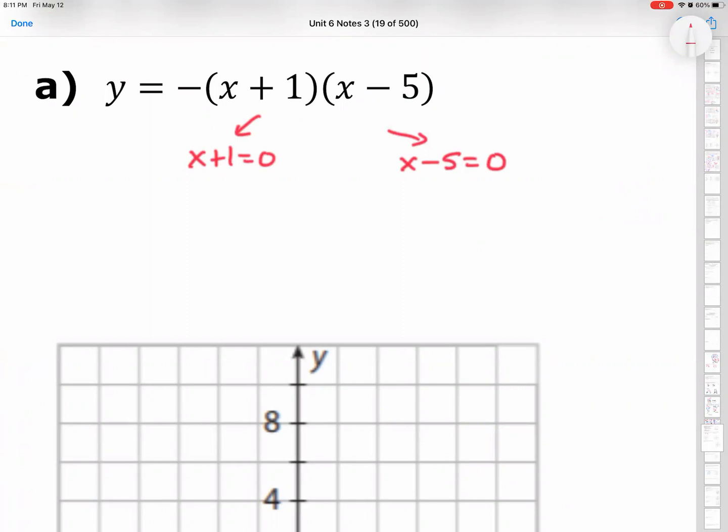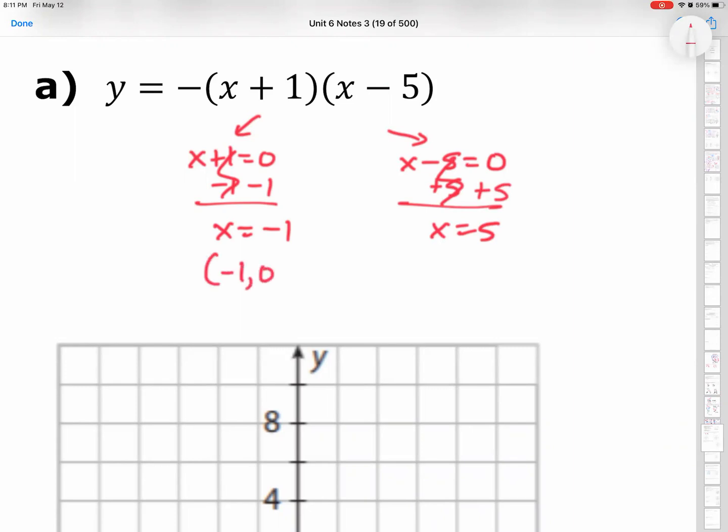To solve for x, you subtract 1 over, and x is -1. Then add 5 here, and x is 5. So our x-intercepts are -1, 0 and 5, 0.